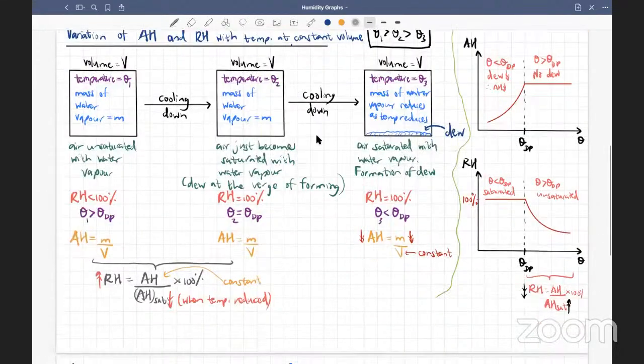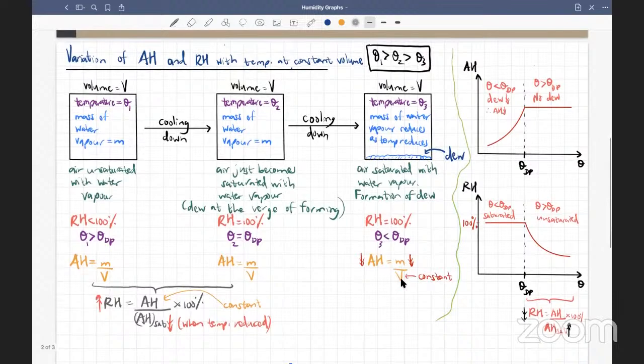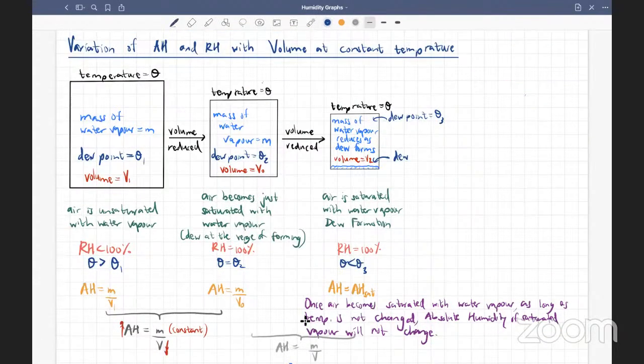Here, if dew is formed, AH should reduce. But earlier, people, volume was constant. Now volume is not constant. Volume is also reducing. Both are reducing. M is reducing because dew formed. Volume is also reducing because volume of chamber reduced.